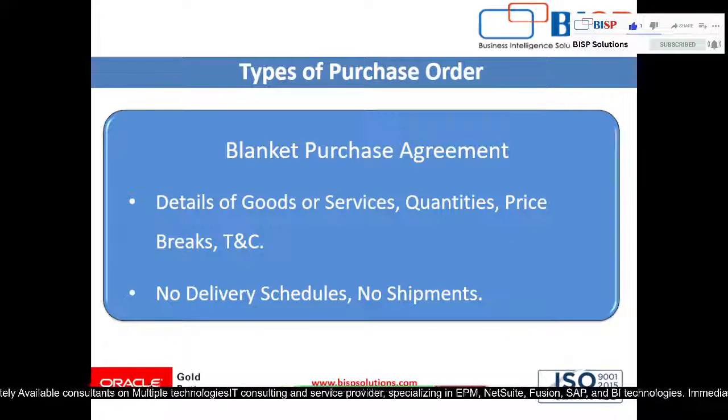And if you want to create the blanket purchase agreement, we require the details of goods and services, quantities, price breaks, and terms and conditions. In this blanket purchase agreement, we don't need details about the delivery schedule and ship-to, right?